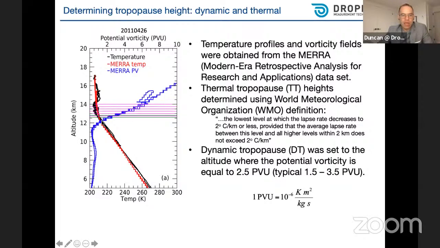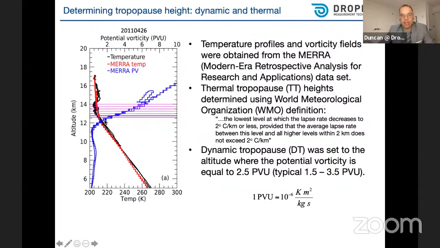Here we see the MERRA temperature along the flight track for this particular case on 26th April. So along the flight track, I took the MERRA temperature from the reanalysis data. The aircraft temperature that was measured in situ on the aircraft is in black, and then the MERRA potential vorticity along the flight track is in blue.